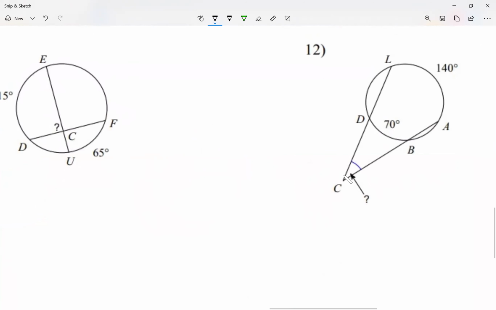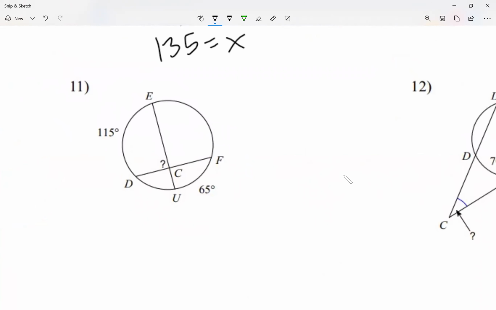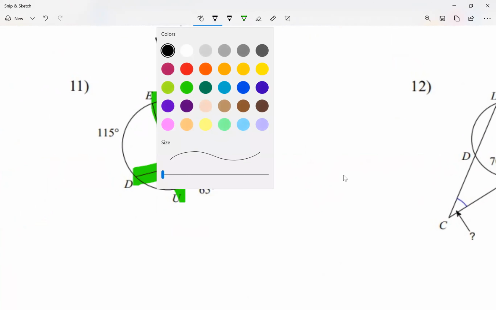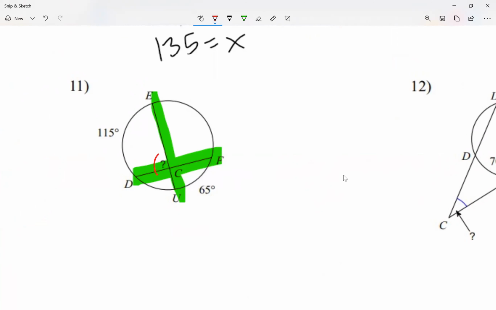Now, question number 11. I see my two segments here. My angle is this one right here. I don't know what it is, right? There's a question mark. So I have to go 2 times the angle. So let me go 2 times x equals, I have to add the arcs, right? These two arcs.